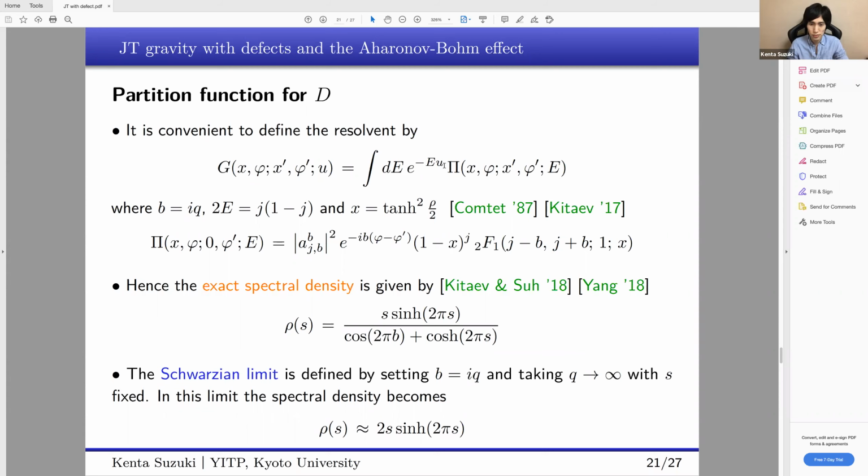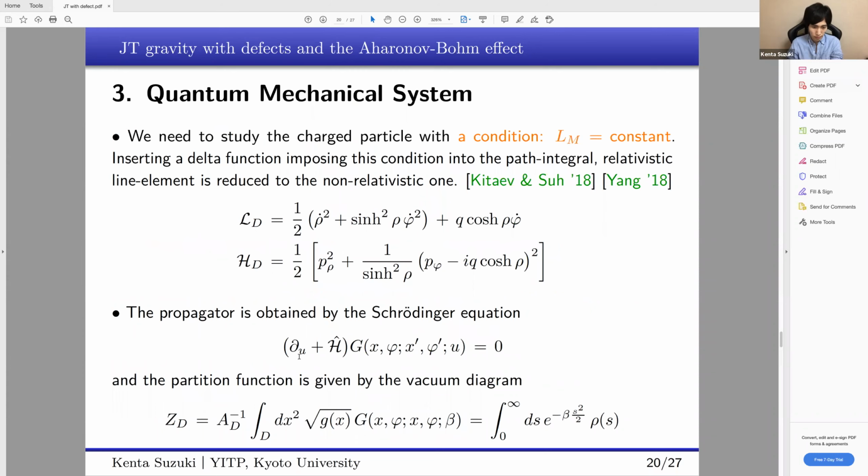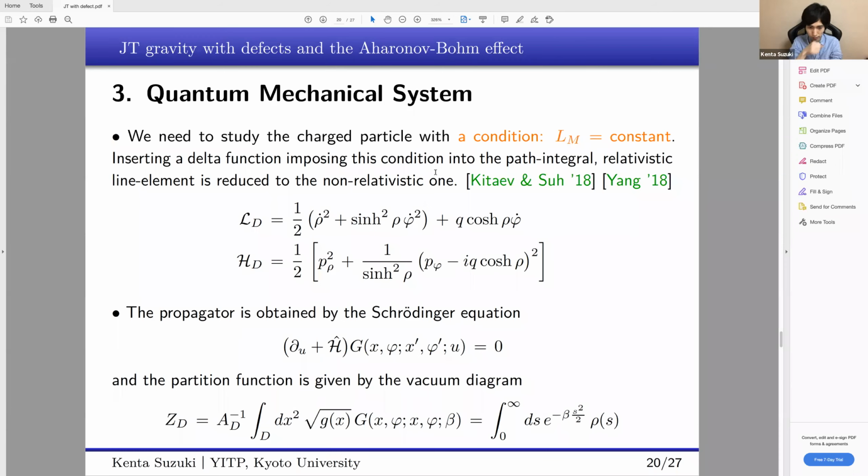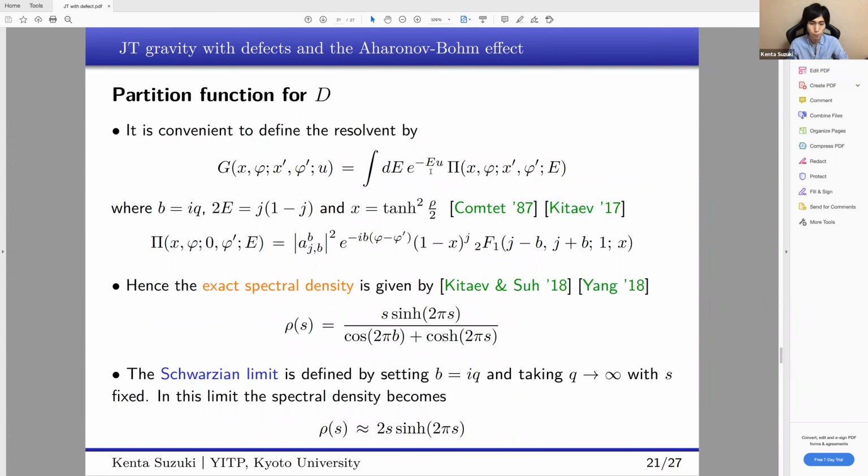And because of this e to the minus E u factor, the derivative with respect to u just brings down this minus E. So therefore, this Schrödinger equation now becomes an eigenvalue equation of this Hamiltonian H with eigenvalue E. And such an eigenvalue problem is actually solved explicitly.